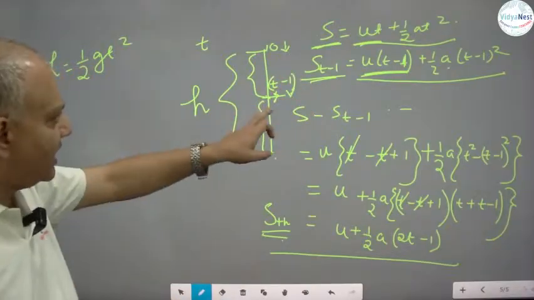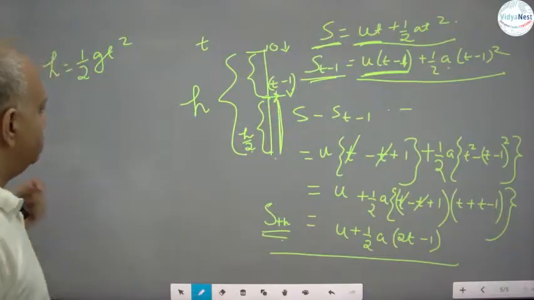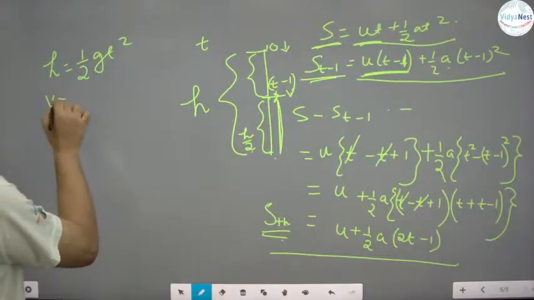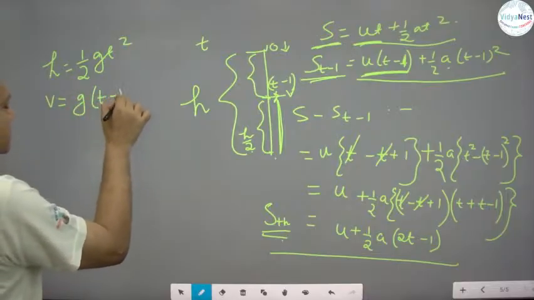If the last second is this much, h by 2, so the velocity it is going to achieve is g into (t minus 1), this much.